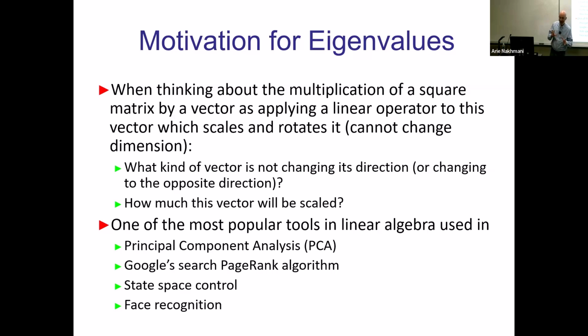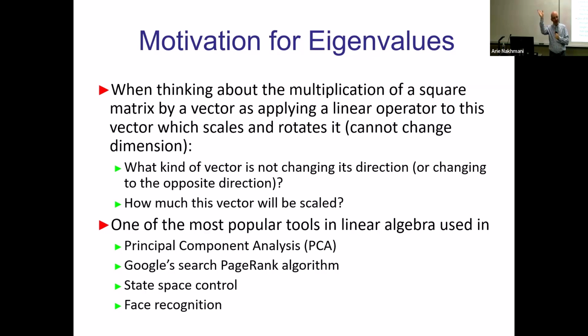Now, an interesting, fun question for eigenvalues is, what are the vectors which are not rotated but only scaled? Can you find such a vector that when you multiply it by the matrix, it will not move anywhere else? It will just be stretched or squeezed. That's it.